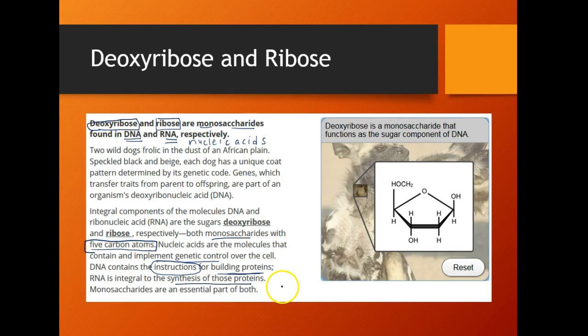And monosaccharides, you can see how important they are now because they are an essential part of both DNA and RNA. You could even count the number of carbons. This is an example of deoxyribose, which is found in DNA. You could remember every corner, like right here, this is 1, 2, 3, 4, and it has one more right here, which would be 5. 5 carbons in this deoxyribose.